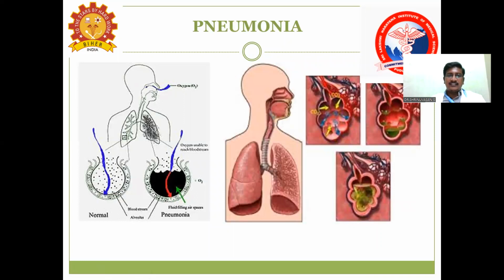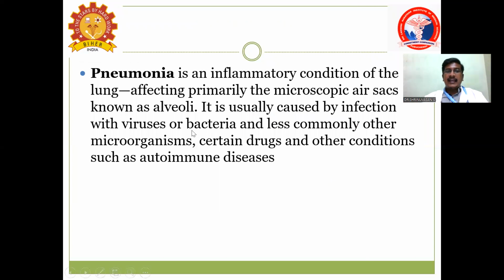Then we will go to the next common condition which will produce opacity of the lung, called pneumonia. So what is pneumonia? Pneumonia is nothing but infection of the air-filled space, that is alveoli. The above one is the pleural space; this is air-filled alveoli.